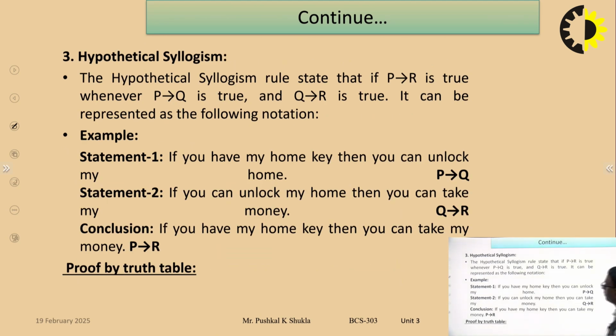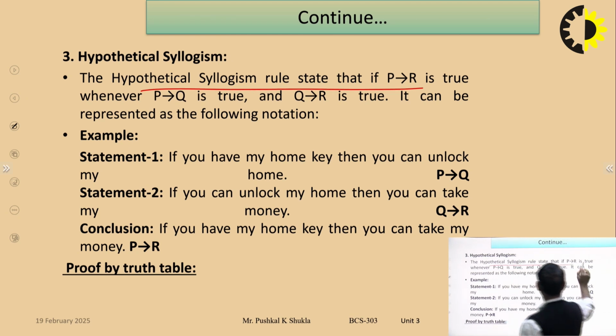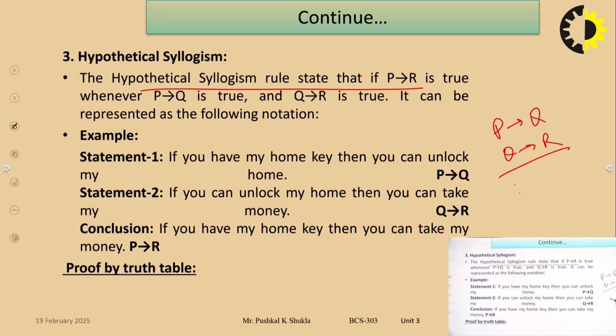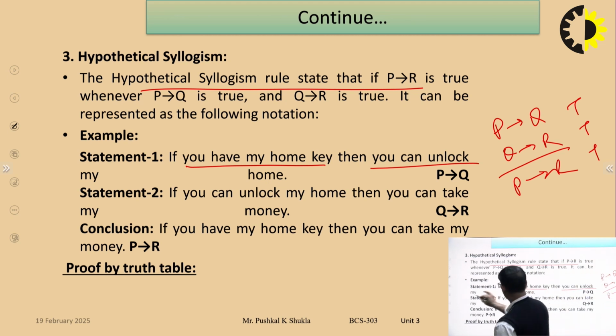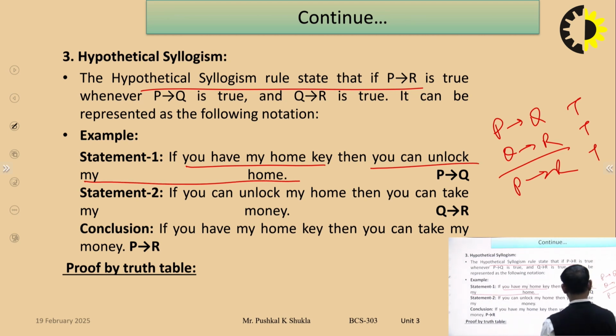Hypothetical syllogism. This rule states that if P imply Q is true and Q implies R is true, then P imply R is true. For example, P is the proposition you have my home key, and Q is the proposition you can unlock my home. P imply Q means if you have my home key, then you can unlock my home.